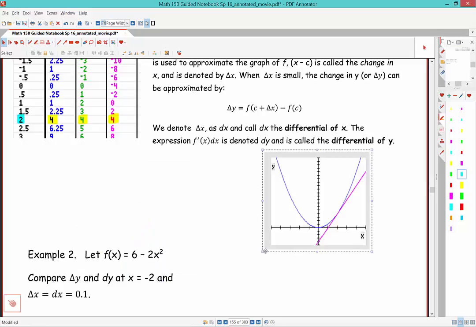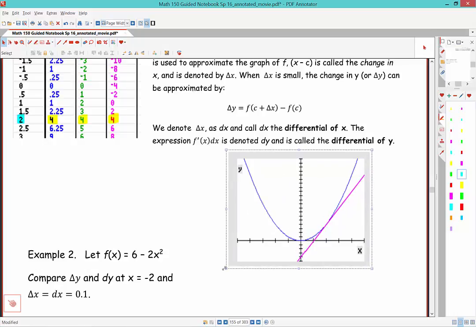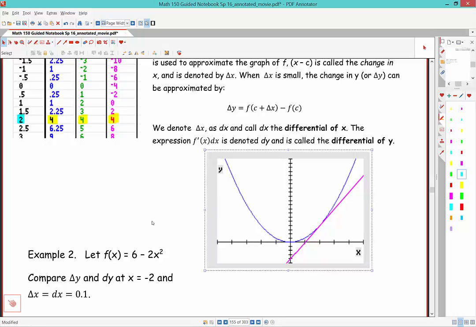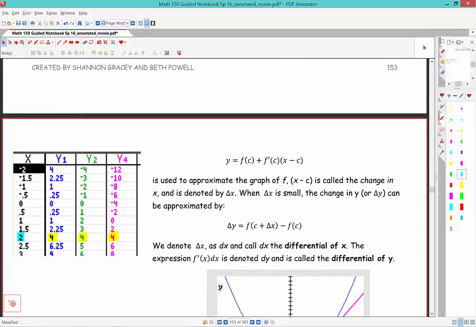I wanted to show you a problem that we had done, what we're looking at here. Basically, what we're finding is that at values that are very, very close to 2, we get a very good approximation for the y values of our original function when we use T at x, the tangent line function, when x is 2. Good so far?